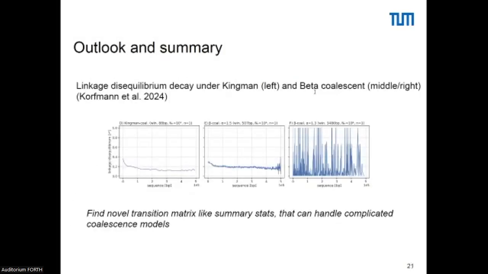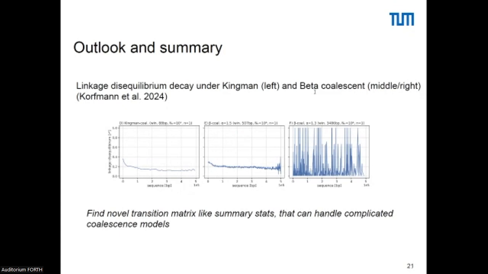And lastly, a bit of an outlook. I've already worked on beta coalescent graph neural networks. These models, if you look at the LD, quickly become very chaotic. On the left you have Kingman, and here we have beta coalescence, which gets stronger. Here the Markovian, or approximately Markovian, property of the Kingman coalescent gets completely ruined.